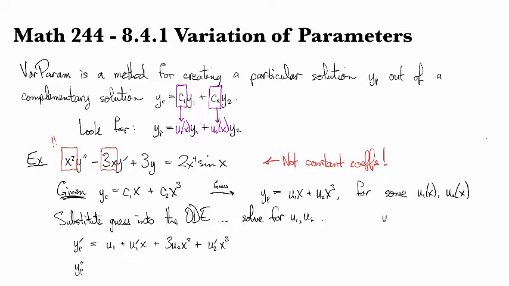So we're going to take yp, substitute it into the equation, so we're going to have Lyp equals 2x to the fourth sine x. That's going to be our single equation. But we have two unknowns that we're able to solve for. That means we have an extra degree of freedom.